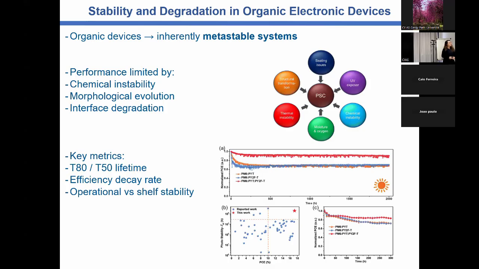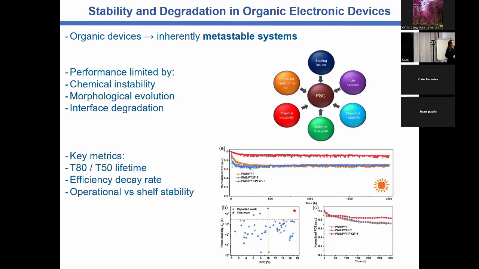But when we analyze in terms of stability and comparing with the inorganic, we have this more unstable system than some specific inorganics.